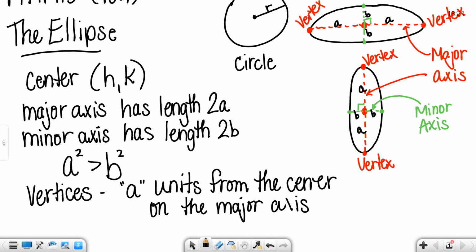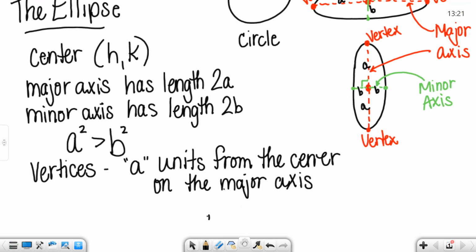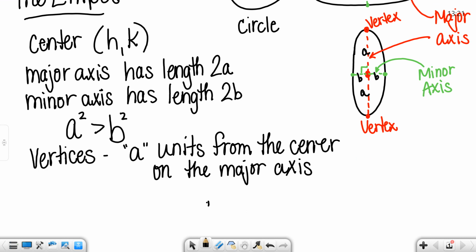So look at the diagram and convince yourself that that's really what it looks like. Vertices are A units from the center on the major axis. Now, one thing that I do not have on our diagram, those little green points don't have a name, okay? So if you're looking for a name for those, they don't have one.